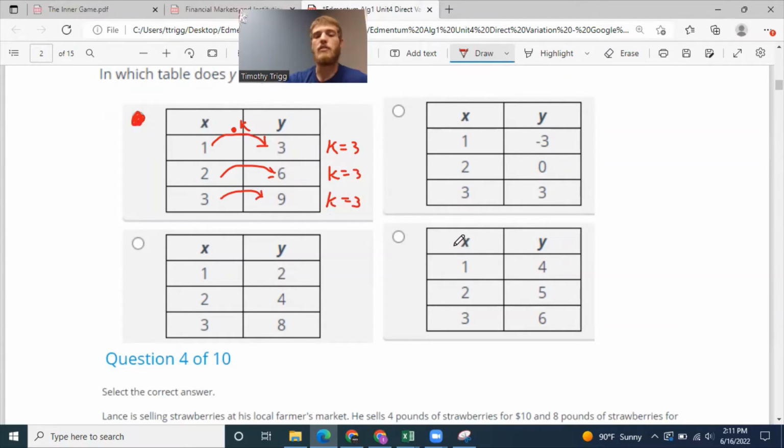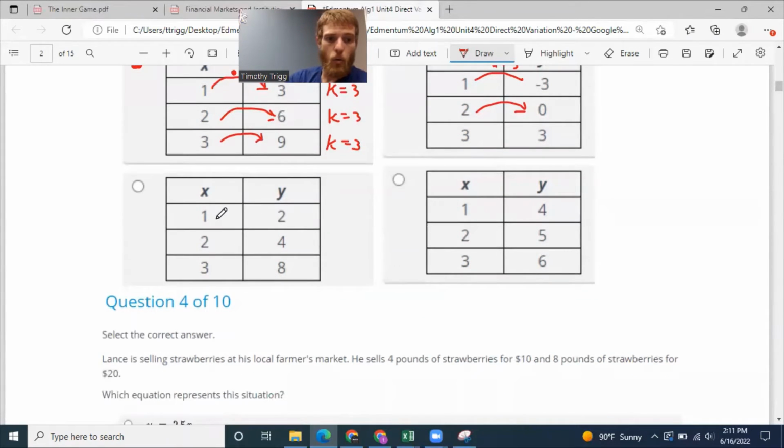Notice none of the other lists will follow that. Notice here it's times -3. 2 times -3, well, that doesn't work. That doesn't give me 0, does it? Here, 1 times 2, 2 times 2, oh, that seems to work. 3 times 2 to get 8?